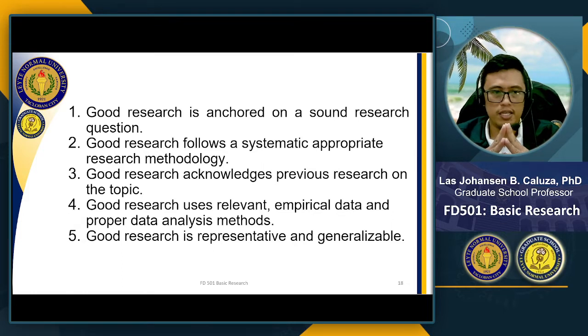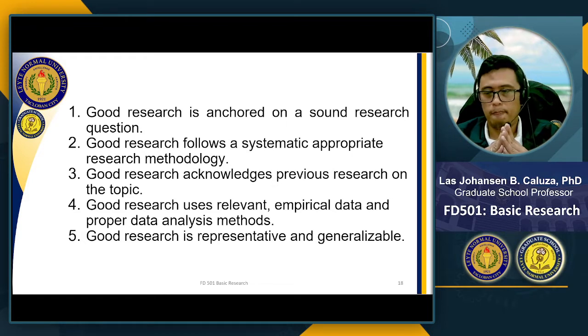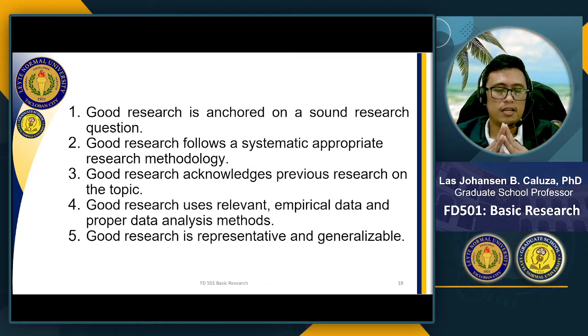In 2010, Kuroji and others proposed that developing a research question is the most important step in doing a research project. A good research question details exactly what a researcher wants to learn and defines the study scope.